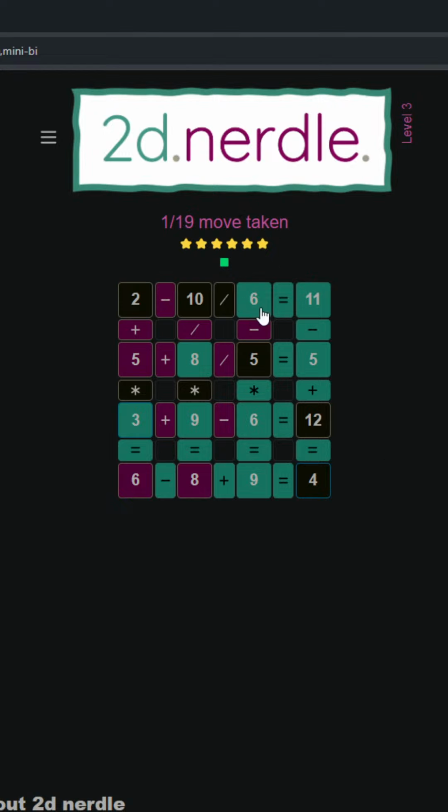The next best option is this column. 6 blank something times 6 is equal to 9. If we're multiplying it, I want to say 6 divided by 9 times 6.